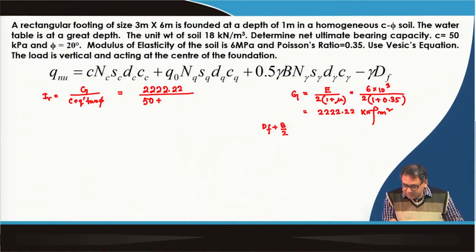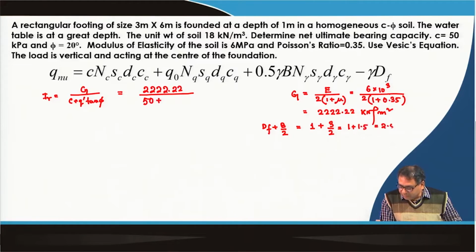Df, the depth of foundation, is given as 1 meter. B is 3 meter, so 3 divided by 2, 1 plus 1.5, so 2.5. So, we have to calculate that q dash at a depth of 2.5 meter from the ground.